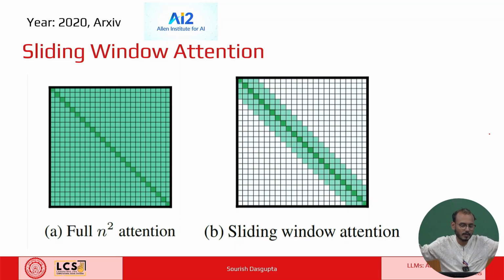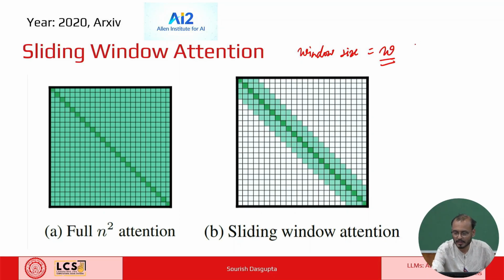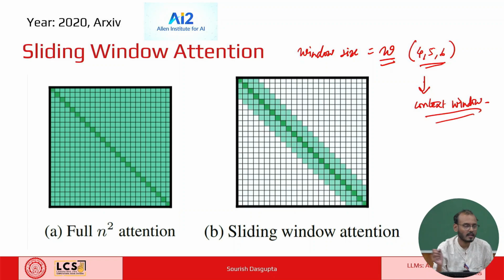Let's say you fix a window size, maybe a small w, and w can be maybe 4, 5, 6, whatever you want to keep. So this is your contextual window, and it can suffice for most of your problems.